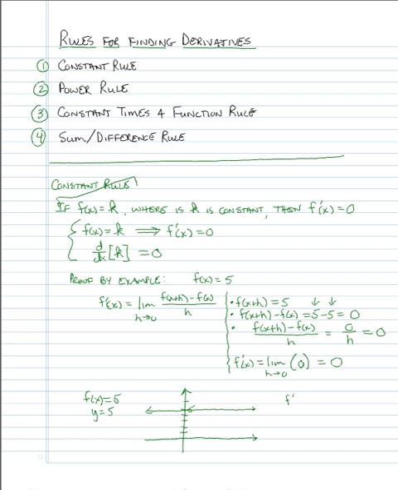And remember, f prime of x represents the slope of the tangent line. Anywhere on the graph, here's an x, there's a point on the line, and of course the tangent to that would be the same line. To be tangent, we would have to go through the same line, wouldn't we? So the tangent line, no matter where we are, is a horizontal line, hence the slope of that tangent line is 0. And so once again, we can see that the derivative of a constant function is just 0.